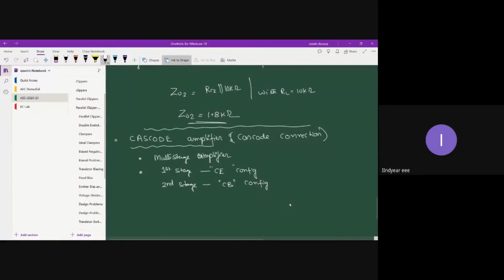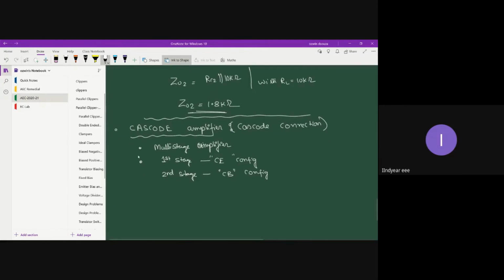But in the cascode amplifier, you will have the first stage as common emitter and the second stage as common base. On the other hand, in the case of a cascaded system, it can be anything. It can be 2 or 3 units of common emitter or 2 or 3 units of common base, and so on and so forth.